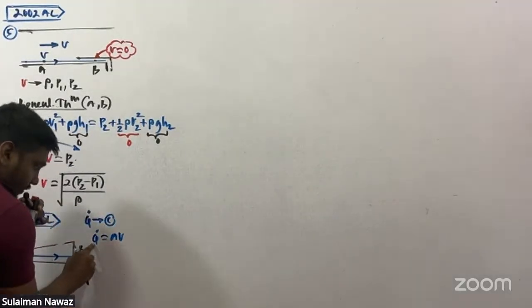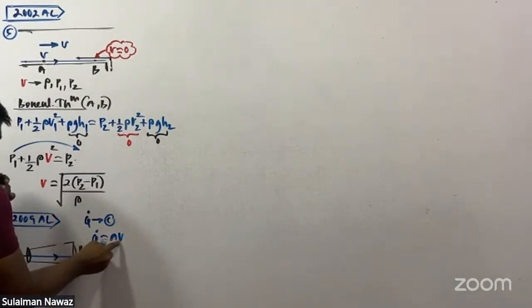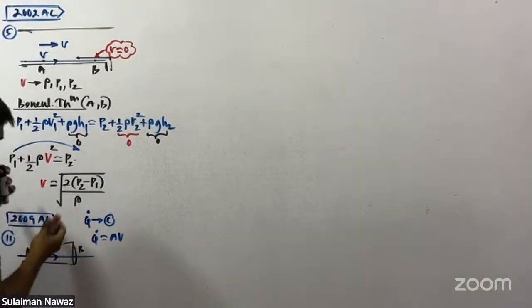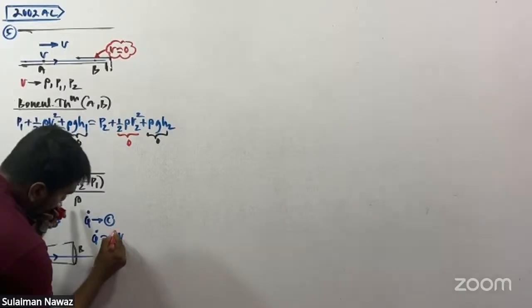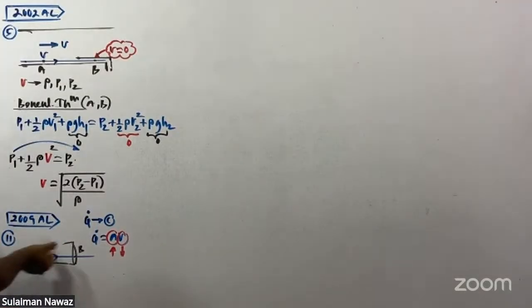When the volume flow rate is constant and the cross-sectional area increases, the velocity of the fluid should decrease. That's the idea. Very clear. A to B, cross-sectional area increases, so velocity should decrease. Smaller cross-section should have larger velocity. Larger cross-section should have smaller velocity.